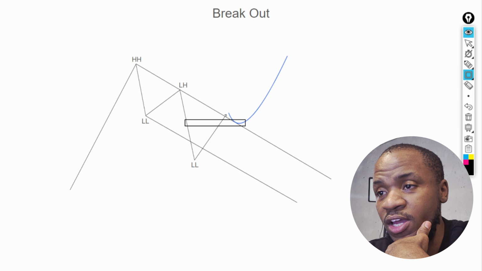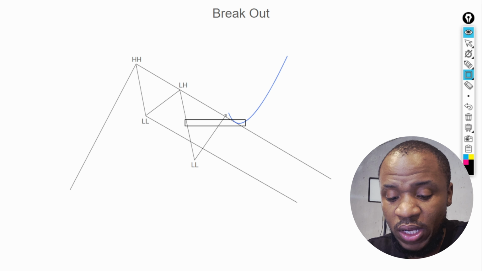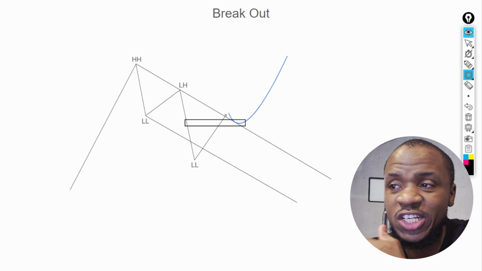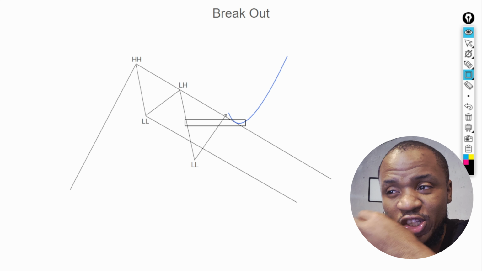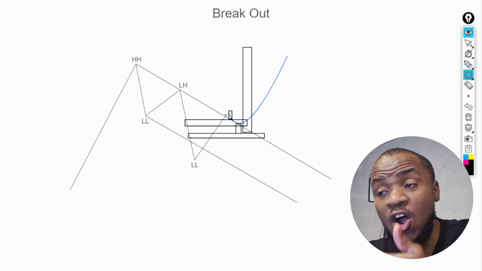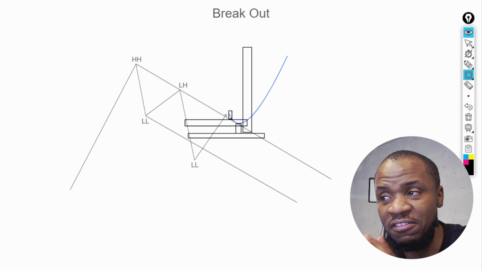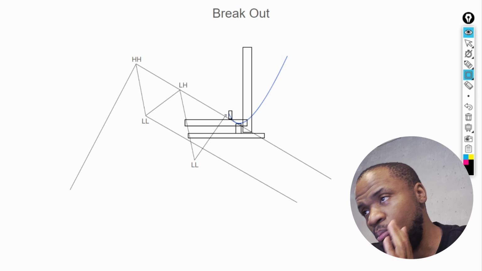Once it breaks out, you wait for that retest, and once it gets that retest, you can take your trade towards the upside. In another video, I will explain exactly how to see whether this inversion fair value gap will hold or whether the market will just pass through. There is a simple way I found, and it works most of the time. I kid you not.